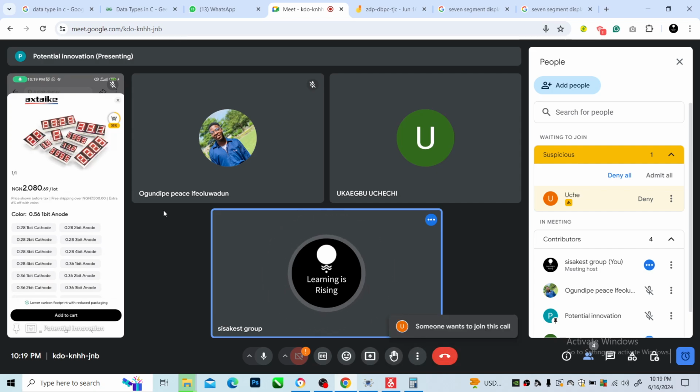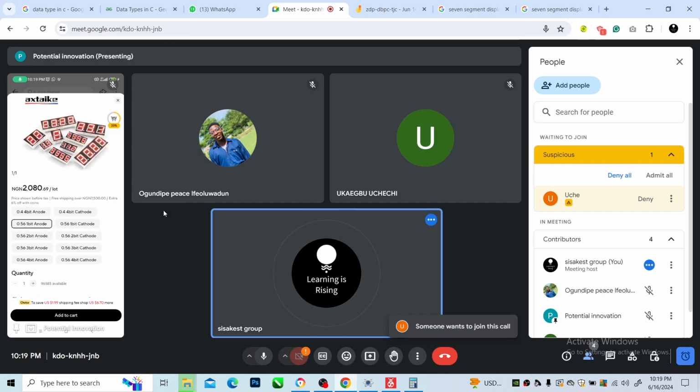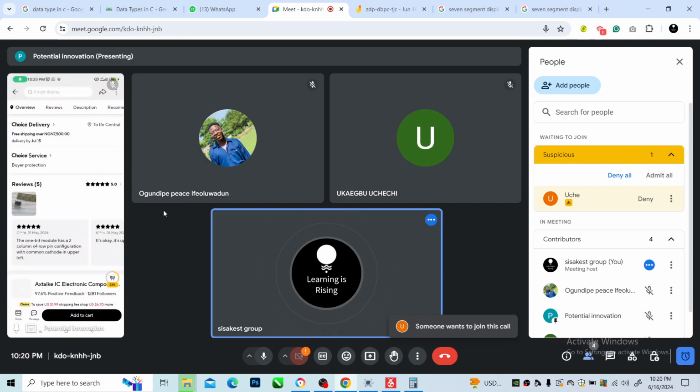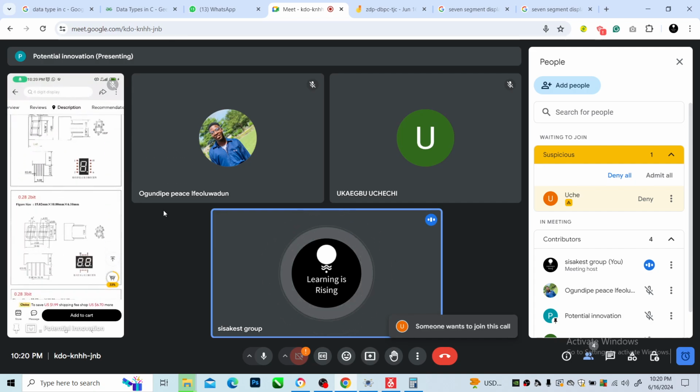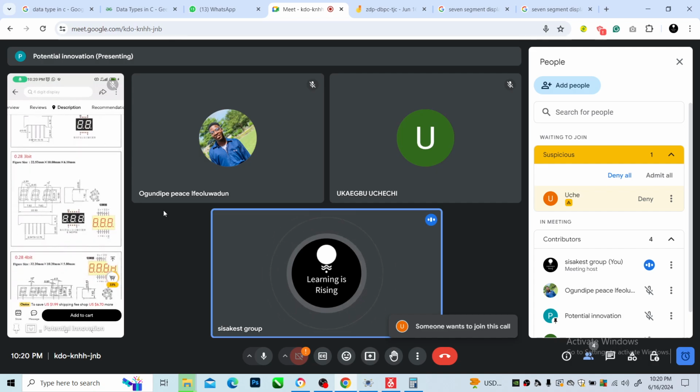That's why you can see 4-bit common cathode. Can you see the different options available based on the one you want to buy? You can find that there. What I opened here is what I'm about to show now.